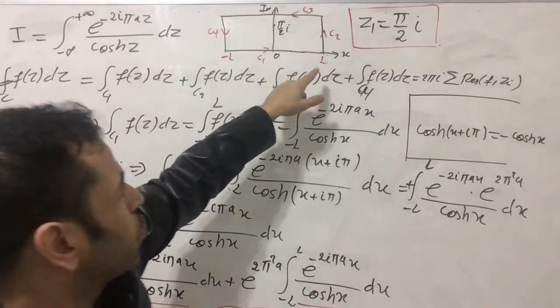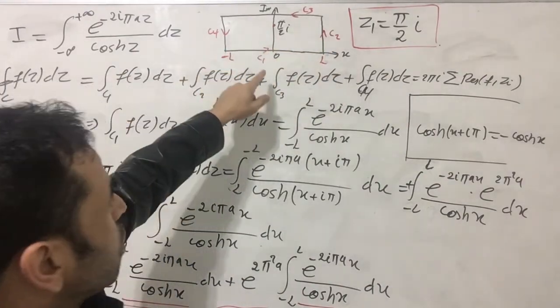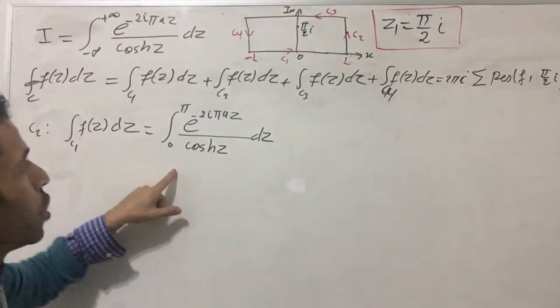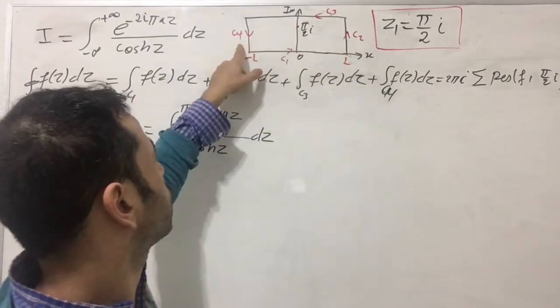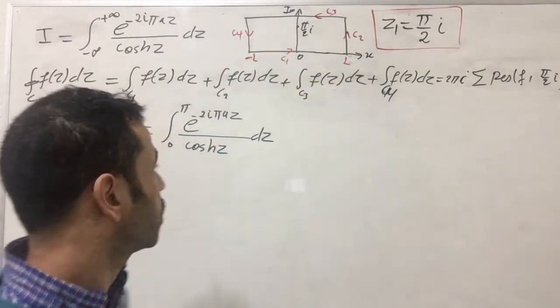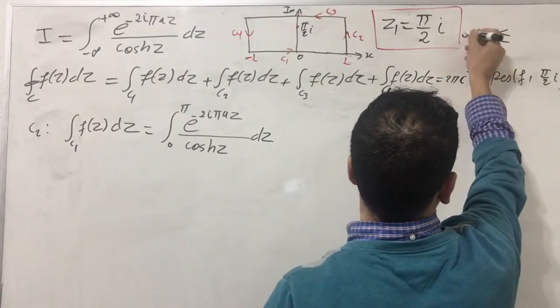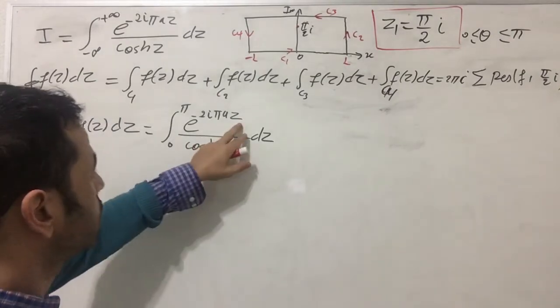Next step, now I'm going to show this integral over c2 and over c4 are going to be zero. Now I'm going to show this integral over these paths c2 and c4 is going to be 0, with a theorem between 0 and pi. So I'm going to replace z.